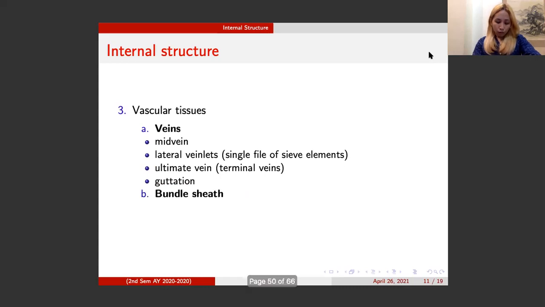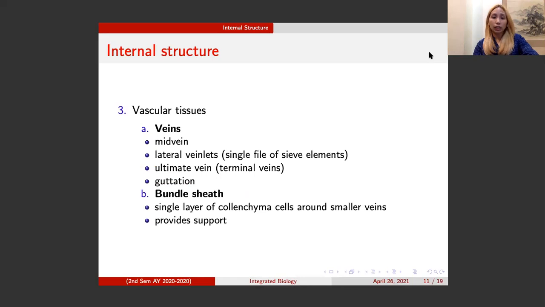Okay. So aside from the veins, you will notice that the veins is actually surrounded by a tissue, no? And this tissue we call bundle sheath. Okay, so the bundle sheath is a single layer of parenchyma cells, and they surround small veins. And the reason why there is bundle sheath is because the leaf is basically a very delicate organ, no?